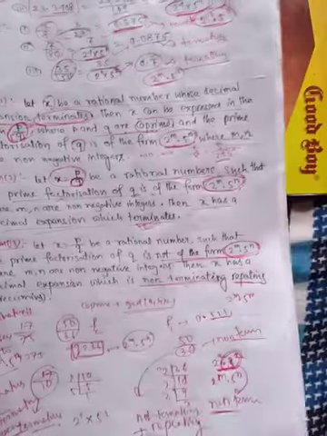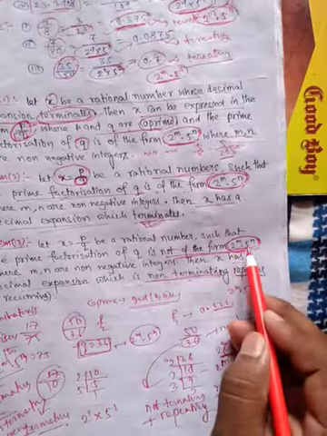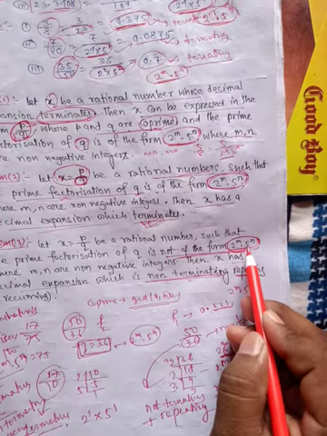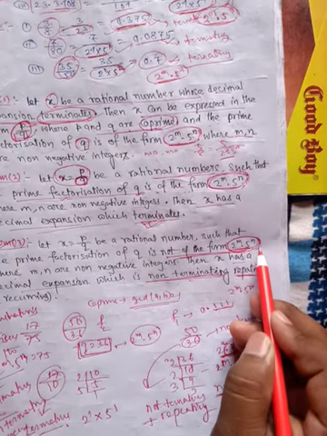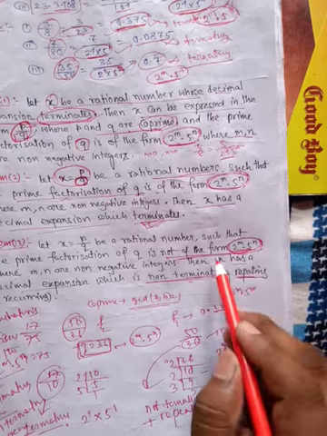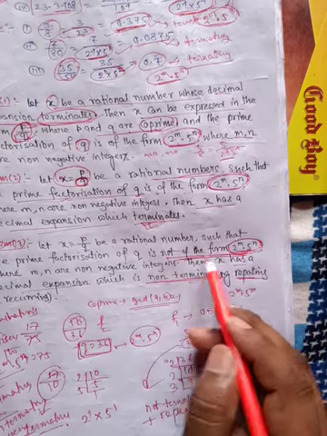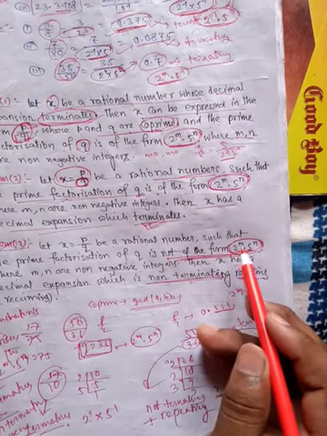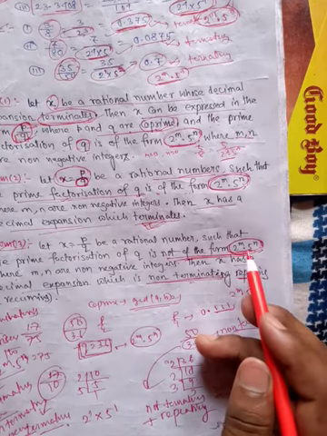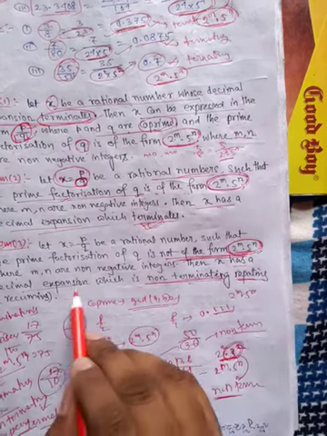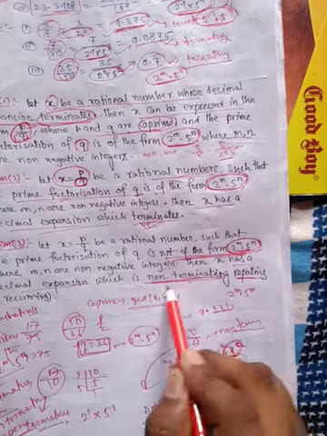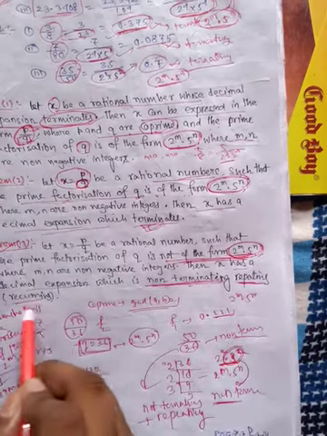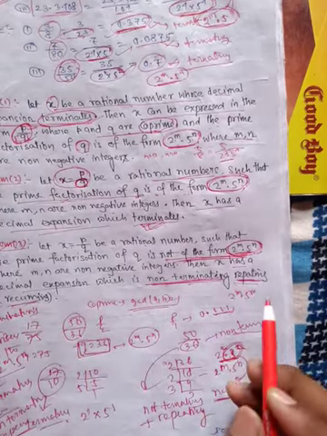Understood? If the denominator's prime factorization form is 2 to the power m into 5 to the power n, then it is terminating. If it is not of that form, that is, if another prime factor occurs in q, then the decimal expansion will be non-terminating repeating, or recurring, you can say non-terminating recurring.